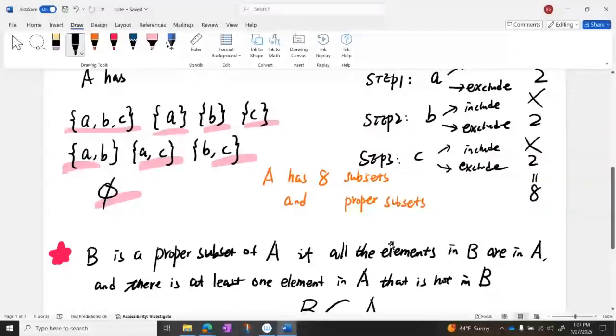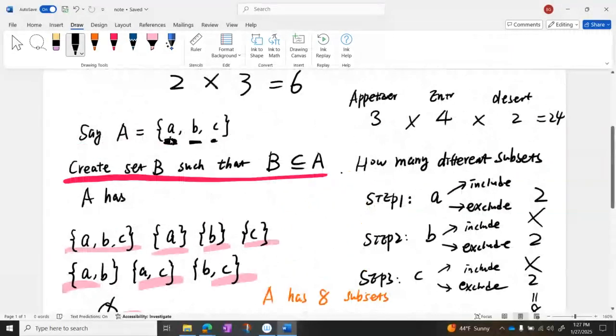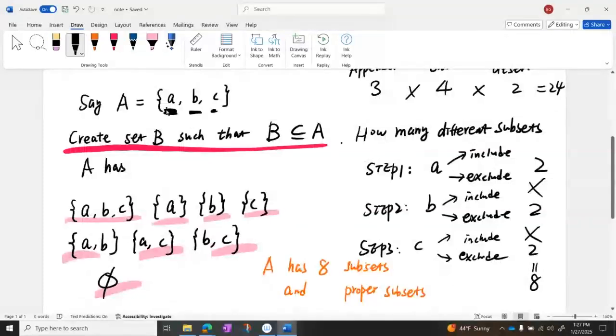Okay, so set A has 3 elements. It has 8 different subsets. Among the 8 subsets, how many of them are proper subsets?